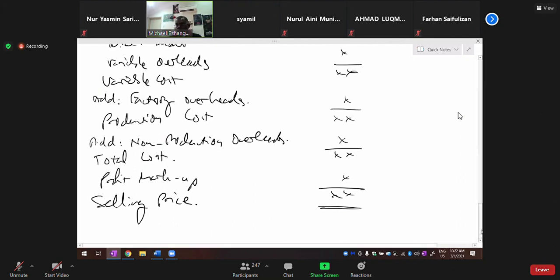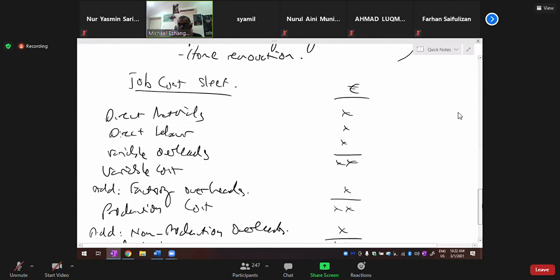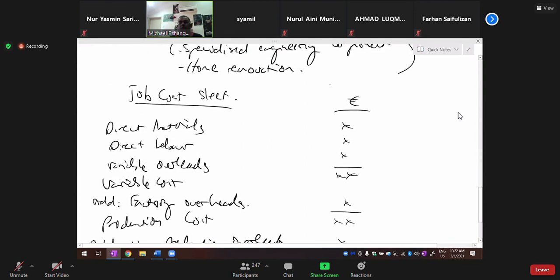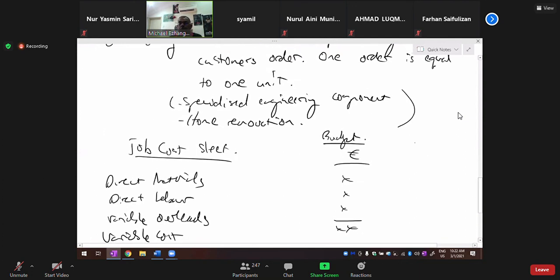Yeah. When you start work, don't forget, this is all budget. Then what you will do, when you start work, you put down the actual costs, right? Now, why do you put on the actual cost? It's very simple.